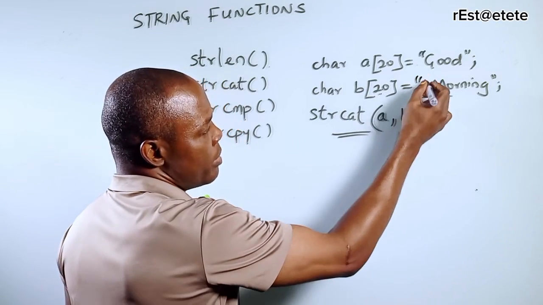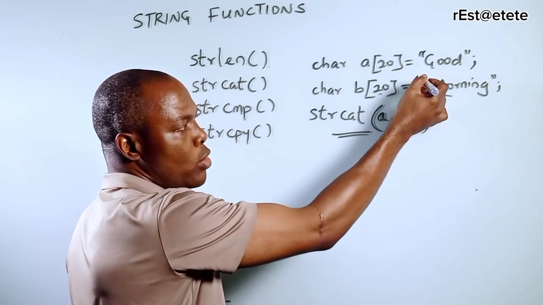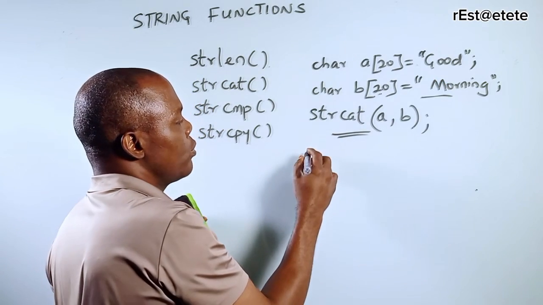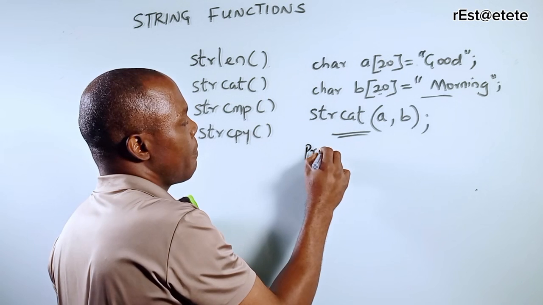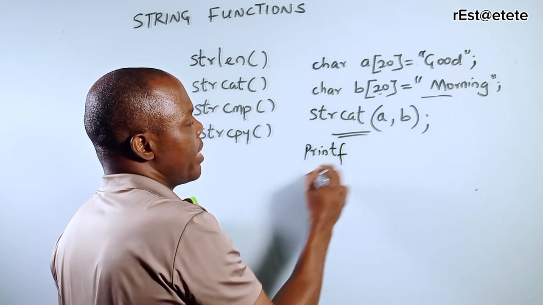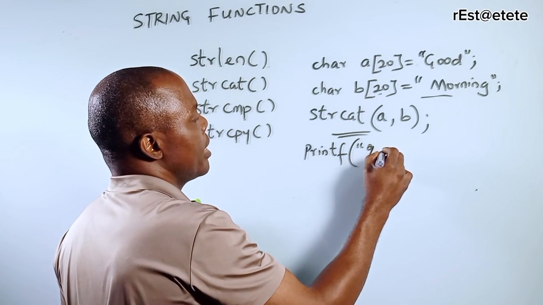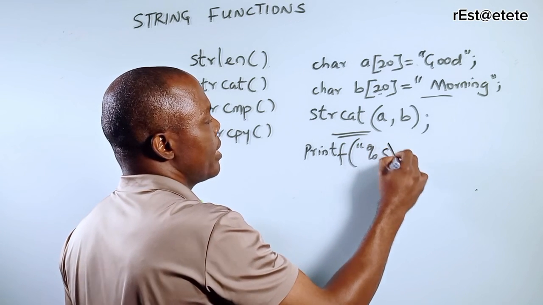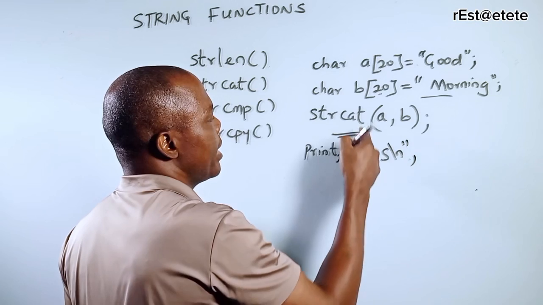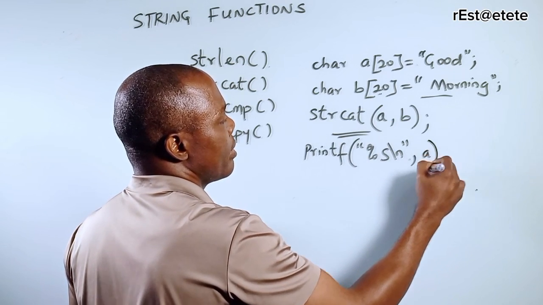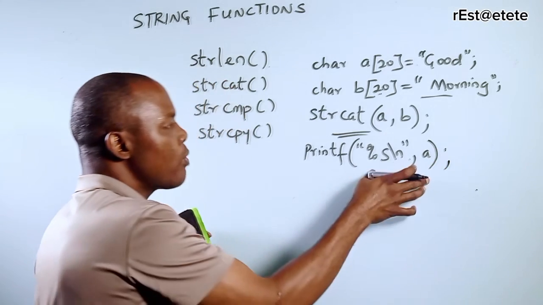Now, if I do it this way, meaning there is space between this double quote and this M, what will be my output when I say printf, concat percentage s, slash n, and then I want to print out a? What would this give me?